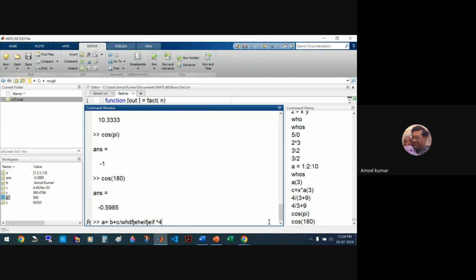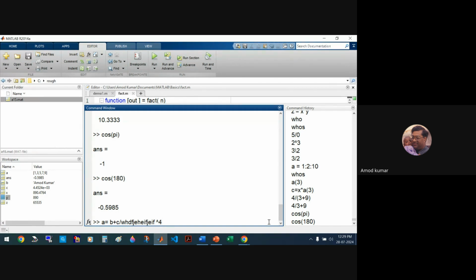After the end of the line, how will you type? You cannot press enter, mind you, to write the next line of the command. As soon as you press enter, whatever you have written will be executed, but the whole command will not be executed because you have not written the full command yet.